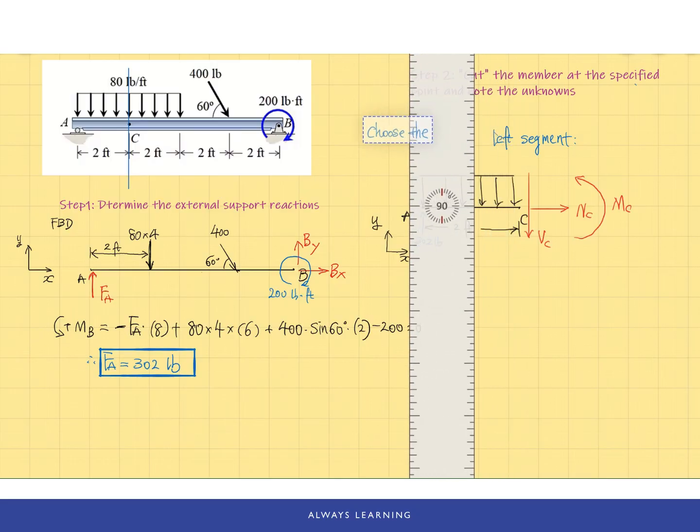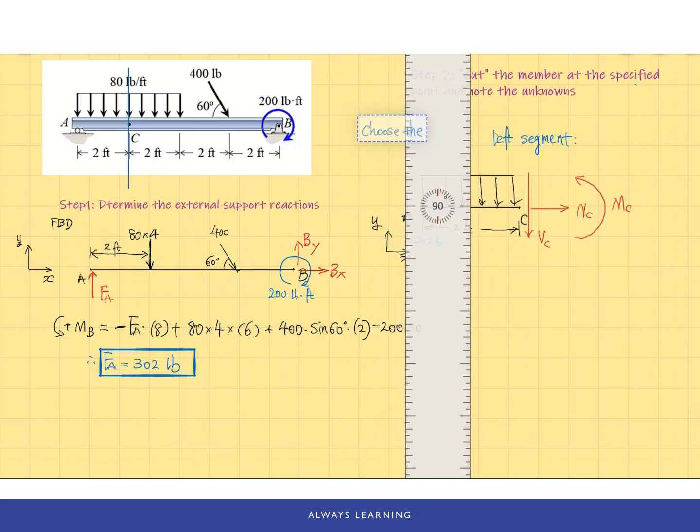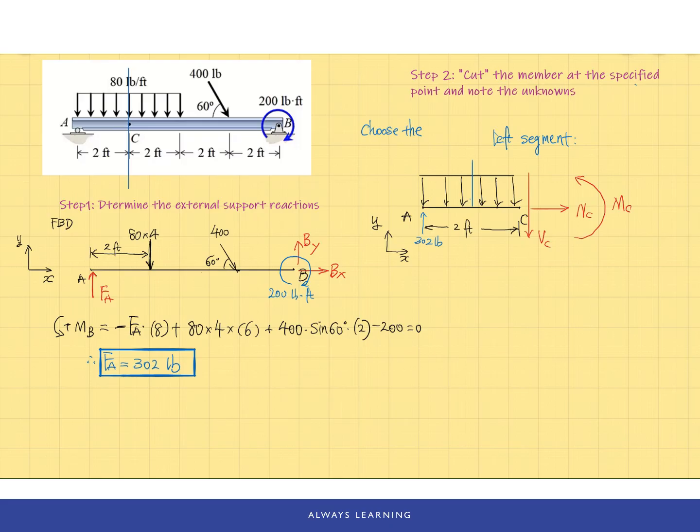Now we can reduce this distributed load to one concentrated load to help us write down the equilibrium equations. So this is the force pointing down, 80 times 2, which acts 1 foot from point C and also 1 foot from point A.